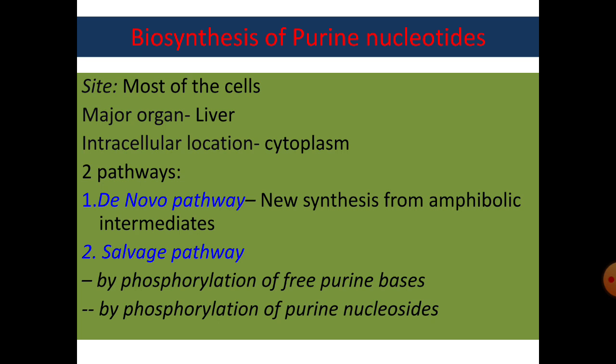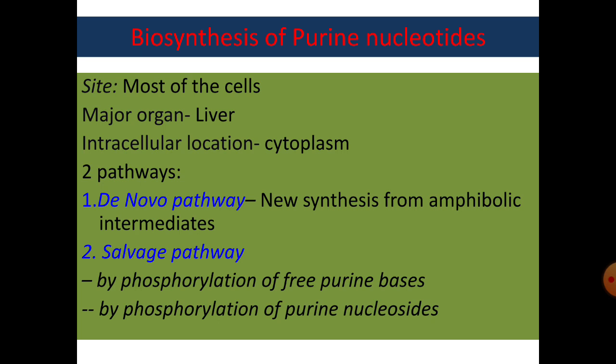So, most of the cells will synthesize this. The major organ is the liver and it takes place in the cytoplasm. Two pathways are involved, that is the de novo pathway, new synthesis from amphibolic intermediates, or the salvage pathway.